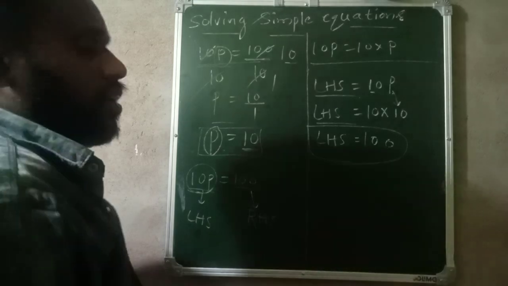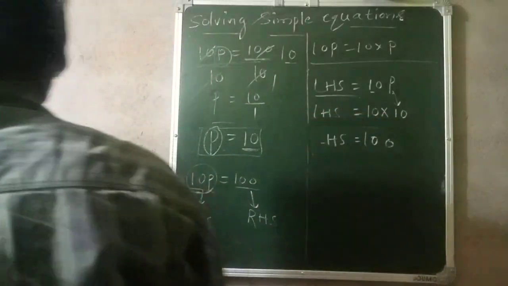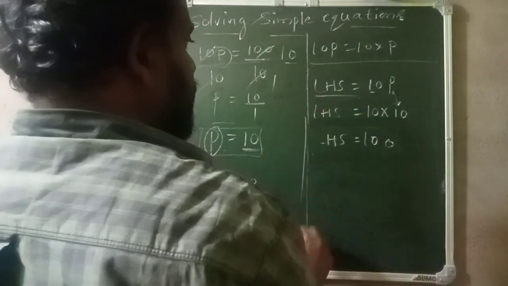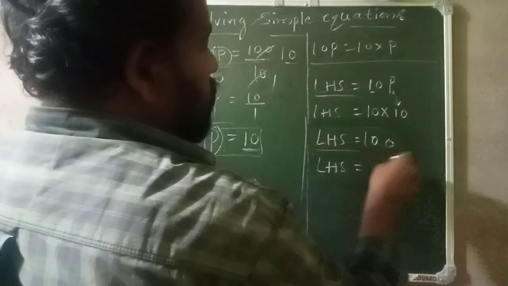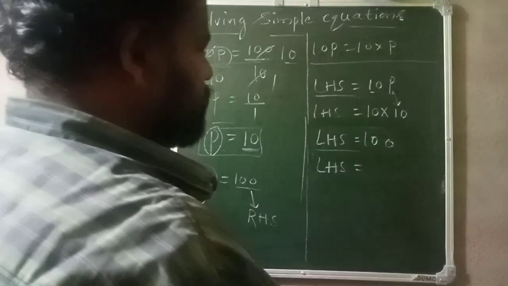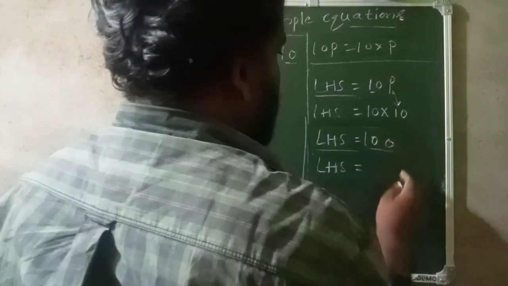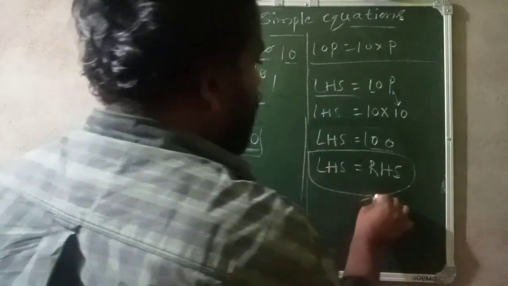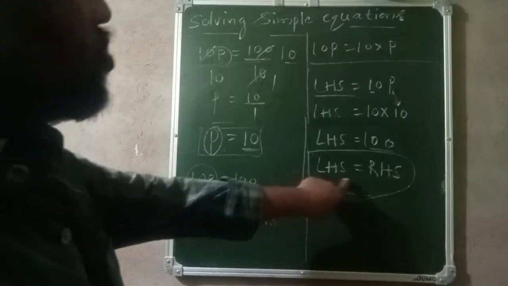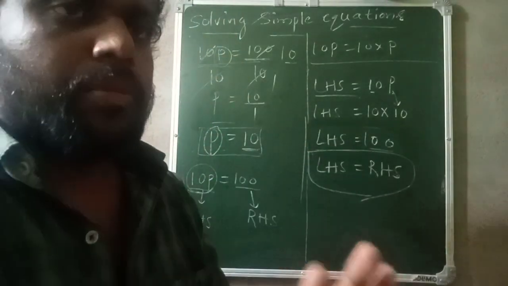One more step you have to write. So next step, this LHS is equal to 100. I said 100 is RHS. So in place of 100, I will write RHS. So we got LHS is equal to RHS, correct? Now remember one thing.